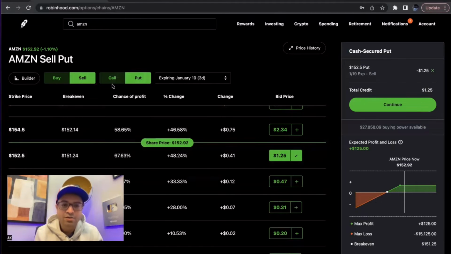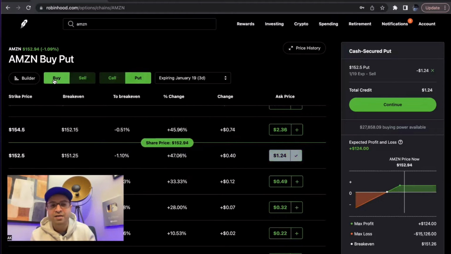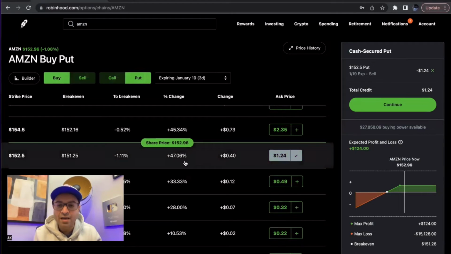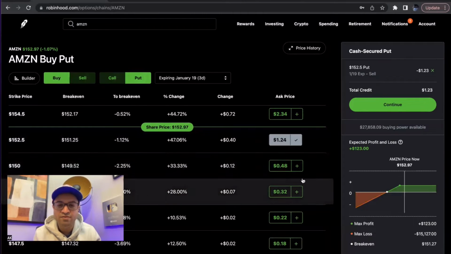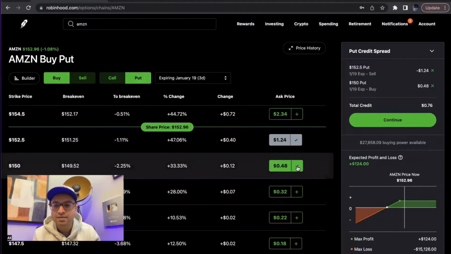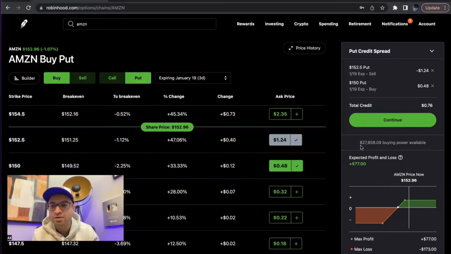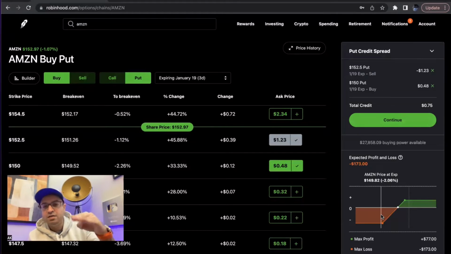We don't want that. So to offset that and to create the spread, I'm going to go ahead and buy the next level down, which is the 150, and we're going to buy that for 48 cents, so $48. So now we've limited our downside risk. Now the stock could stay where it is. It could go up.